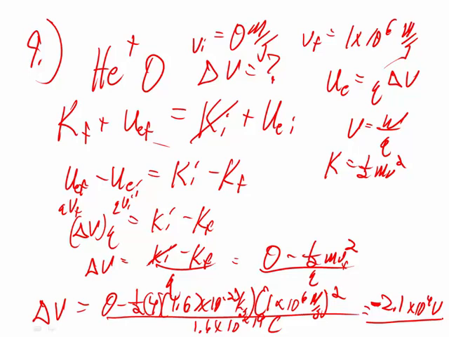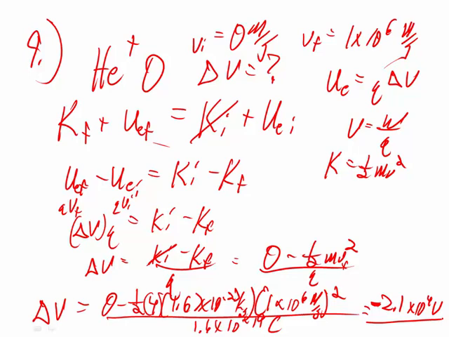Okay, you want to double check that? All right, so we got 0.5 times 4 times 1.6 to the negative 27th, that's the mass of the proton, times 1 to the 6th squared, divided by 1.6 to the negative 19th. Did I punch something in wrong?